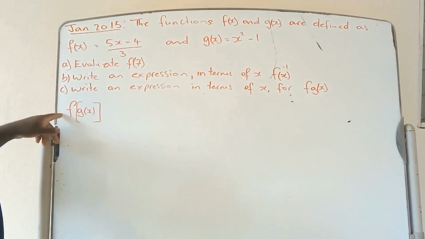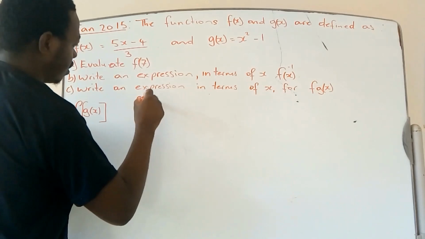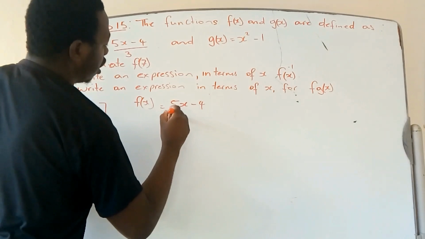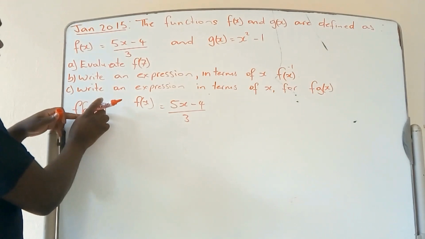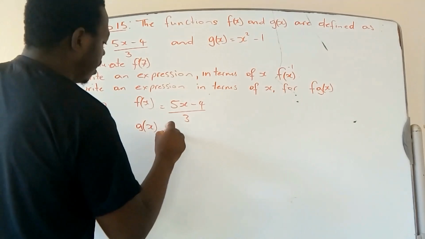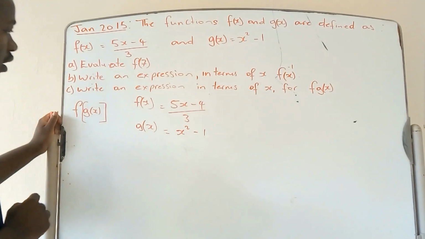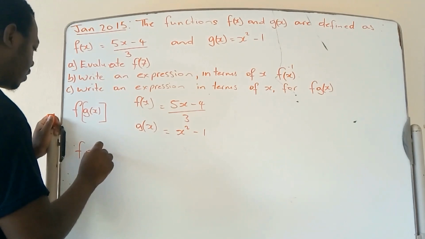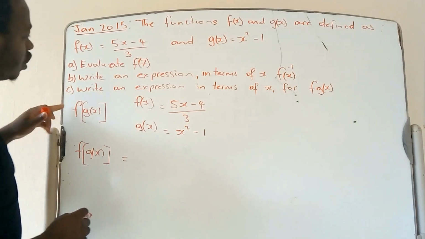So now, what is f of x? We know that f of x here is equal to 5x minus 4 all divided by 3, right? Now we want to put g of x into f. So we know that g of x is equal to x squared minus 1, right? So therefore, f of g of x is equal to the function f of x.